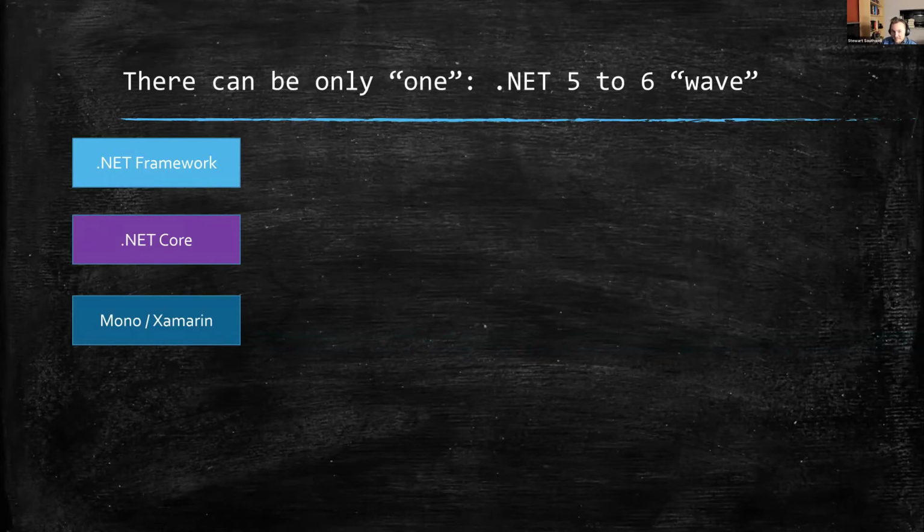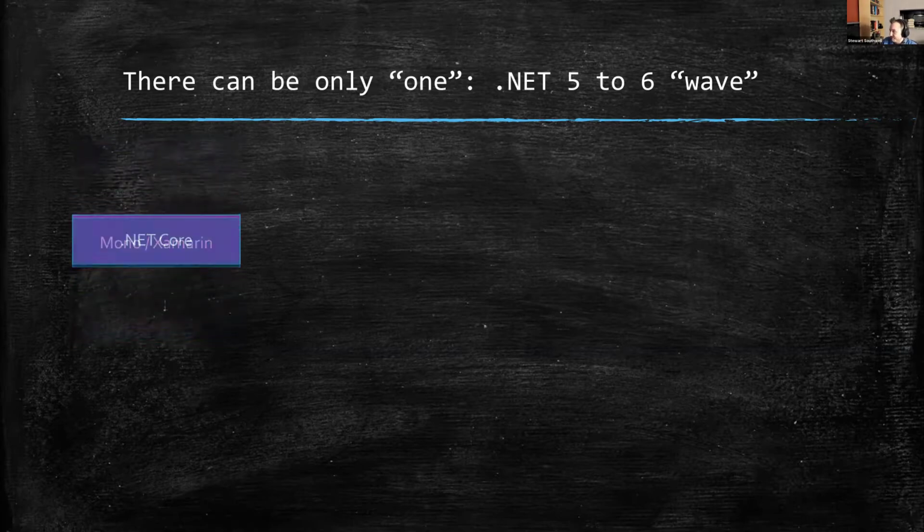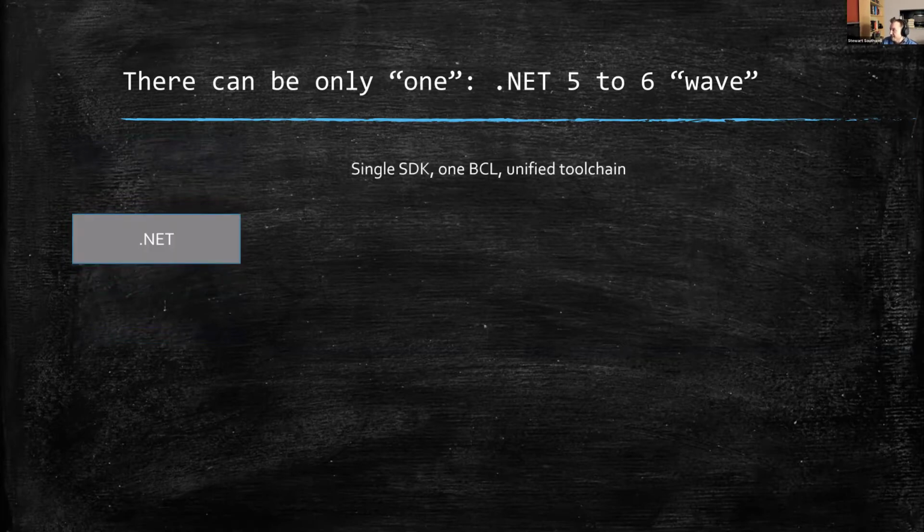Because we've had such great fracturing in the platform, we're bringing everything back to the mothership. We have multiple base class libraries, and these are all being consolidated into one .NET, essentially. So the single SDK, one base class library, and a unified tool chain.